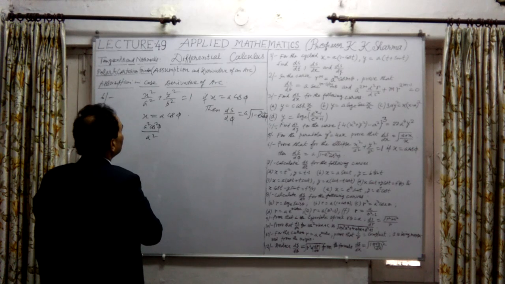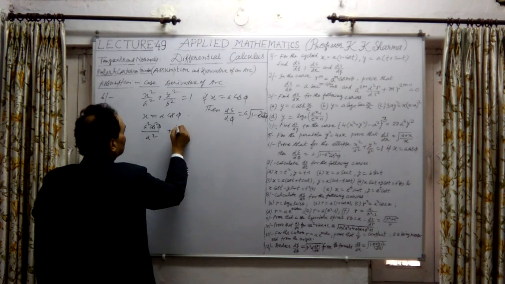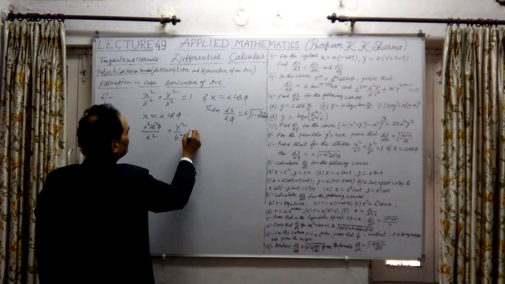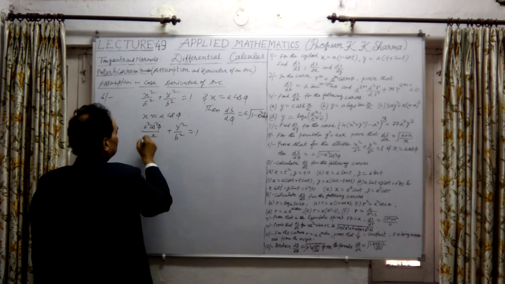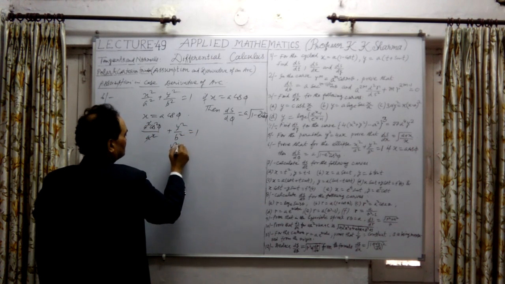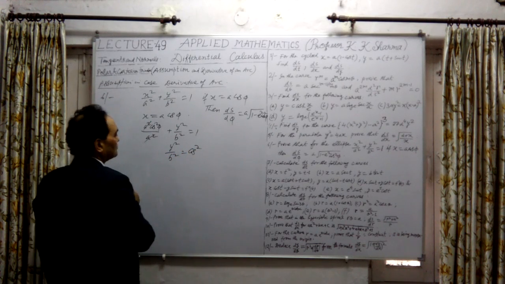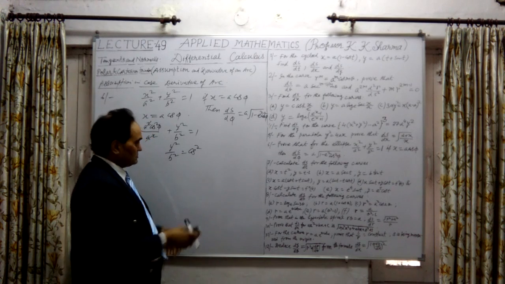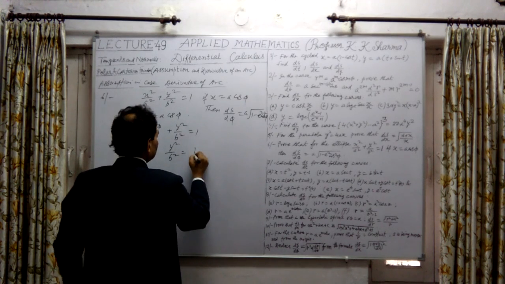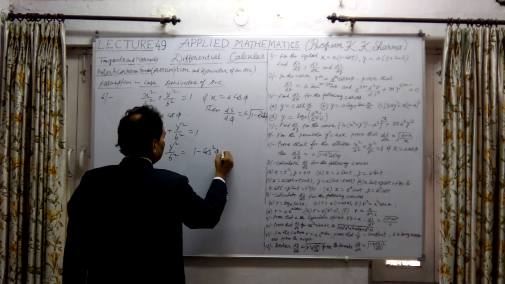This is cos square phi, a square cancelled out, plus y square upon b square equal to 1. That means y square upon b square equals 1 minus cos square phi, that means sin square phi.